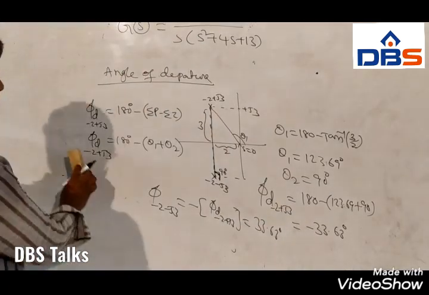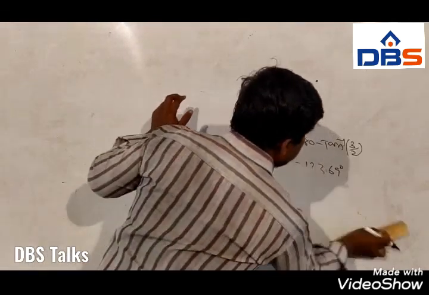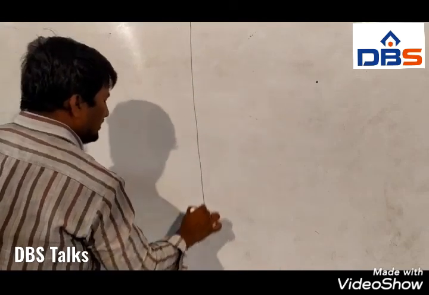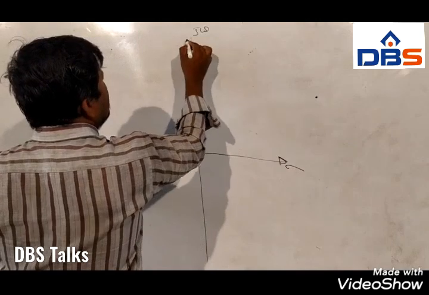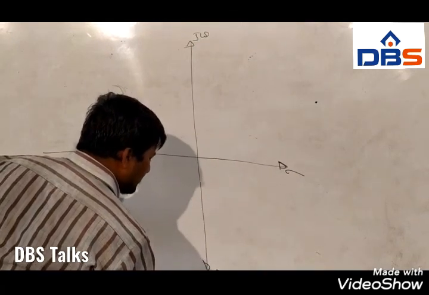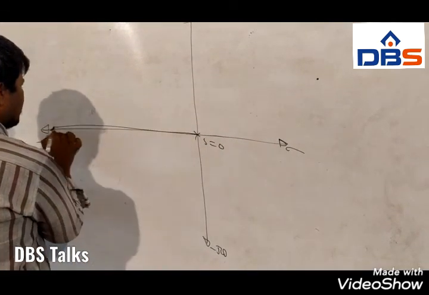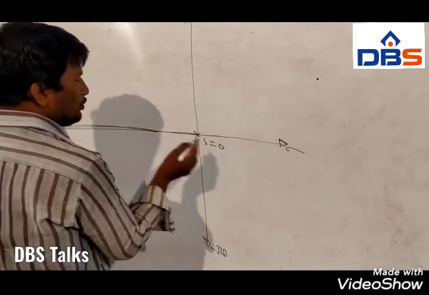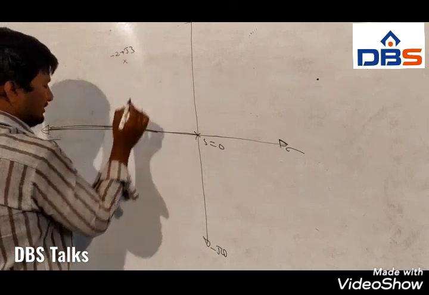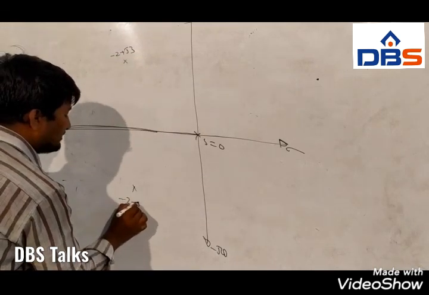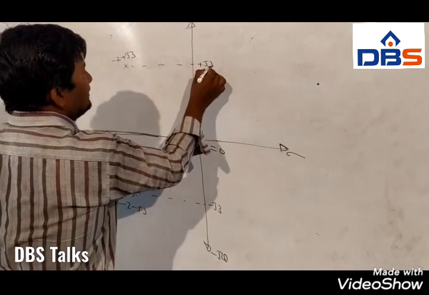Now draw the root locus diagram. Take the S plane as usual. So j omega axis, minus j omega axis, negative real part, S equal to 0. So total one root locus branch, and S equal to -2 plus j3, S equal to -2 minus j3, and this is minus j3, and this is plus j3.